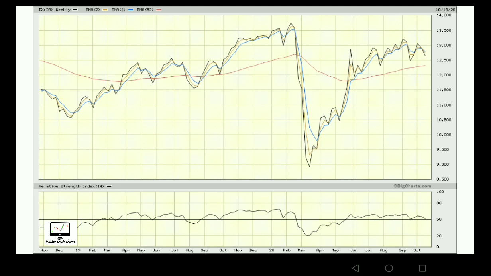But what's happened in the last couple of months? Looking at the closing prices here, we seem to be struggling to close above 13,000. May, we have a go at it. We don't quite get there. June, we get a little bit closer to that 13,000 price. In September, we put our head above for a week and then we drop back.